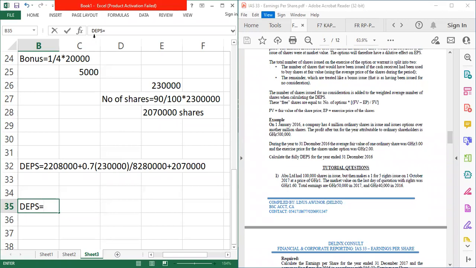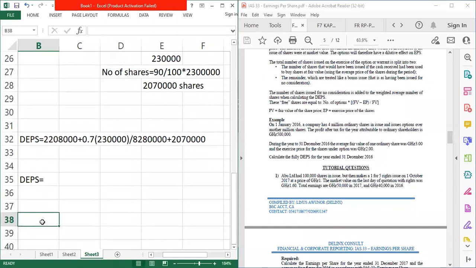The profit after tax for the year attributable to ordinary shares is 500,000 cedis. During the year to 31st December 2016, the average fair value for an ordinary share was 3 cedis, and the exercise price for the shares under option was 2 cedis. Calculate the fully diluted earnings per share for the year ended 31st December 2016.